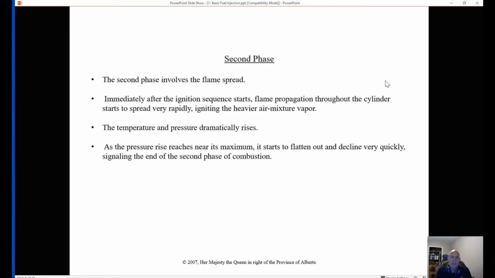The second phase involves the flame spread. It starts at one point, wherever that fuel gets to the point where it will ignite. Then that flame will spread and propagate out. Immediately after the ignition sequence starts, flame propagation through the cylinder starts and spreads very rapidly, igniting the heavier air-mixture vapors.